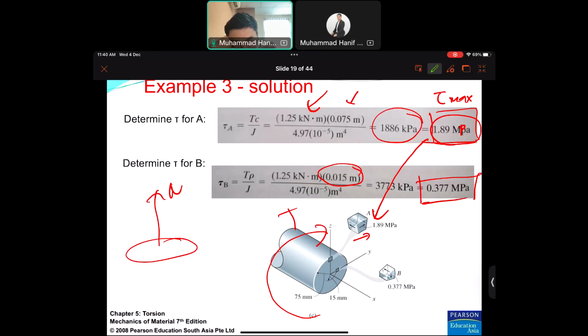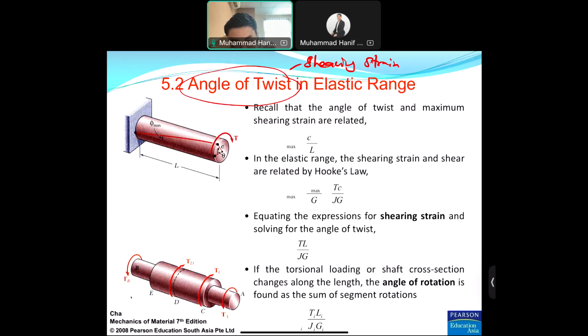So we go through one by one. Recall the angle of twist and maximum shear strain are related. If you still remember the rhombus shape in the previous slide, we have this equation. So let me repeat. In the rhombus, we have theta here, we have phi here, and also this is a length L, this is a c.